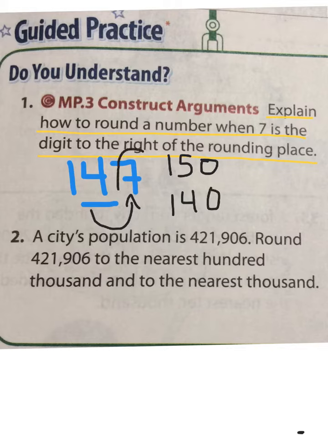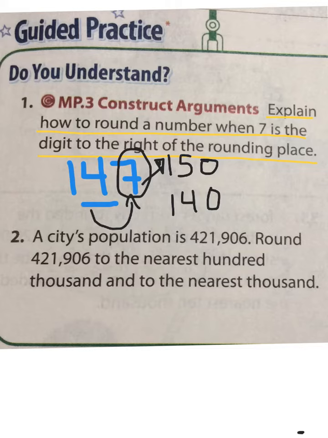The 7 tells us that it is greater than 5, so we will round up to 150. Therefore, anytime you have a rounding target that has a 7 to the right of it, then the rounding target would go up by one more digit.